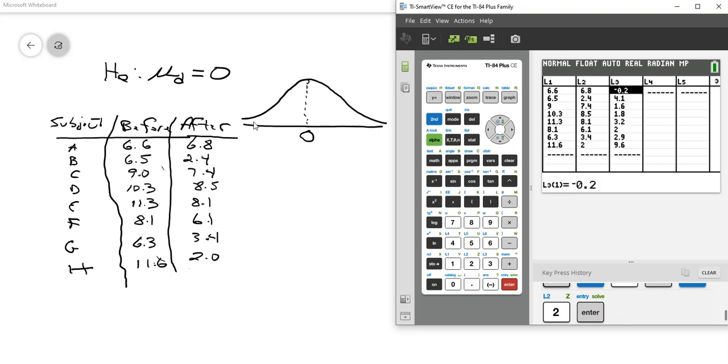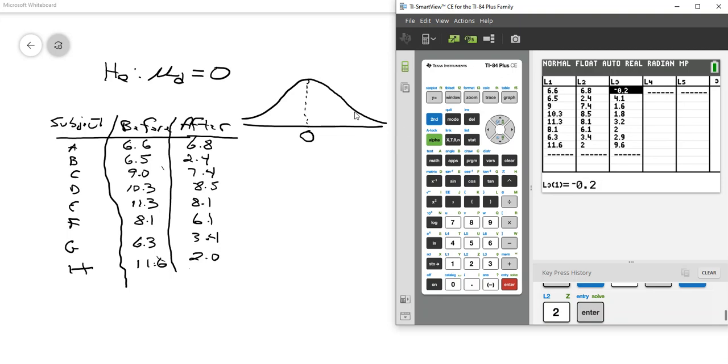Now, before I do that, I need to decide, am I going to run a 2-tailed test? Well, we could, but a one-tailed test is better. It has more statistical power. It cuts our p-value in half. Remember, the p-value is the probability of a type 1 error. So we can cut our probability of a type 1 error in half by running a one-tailed test.